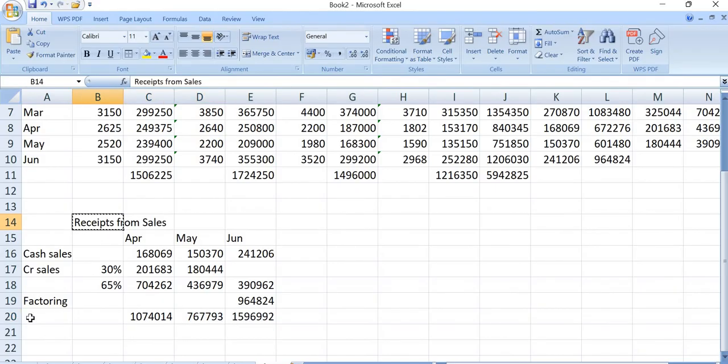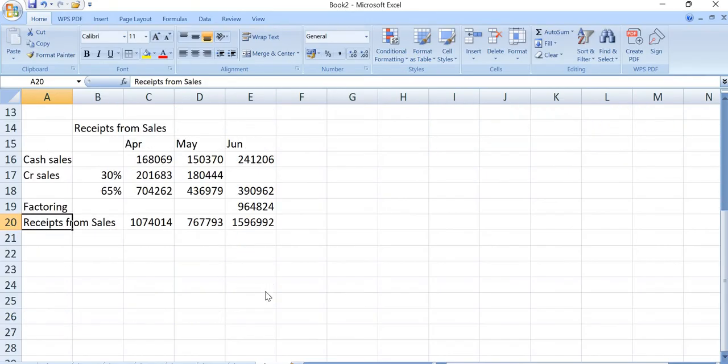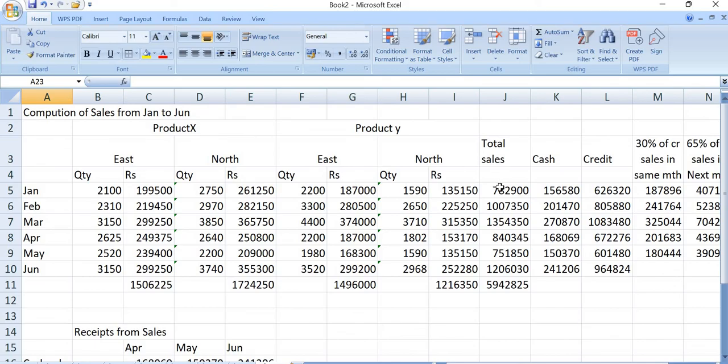So entire is going to realize in June, right? So how much I will be collecting as sales? Receipts from sales is 10,74,014 and 7,67,793, 15,96,992. So this is about receipts from sales. Okay. Now coming to calculations regarding cost.